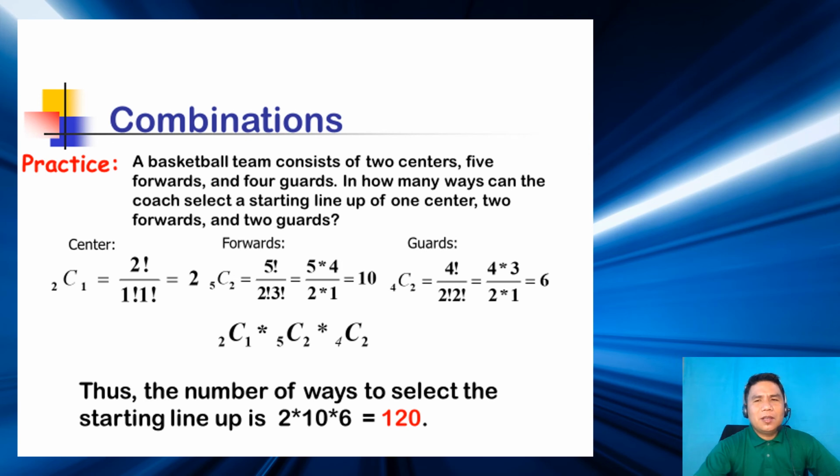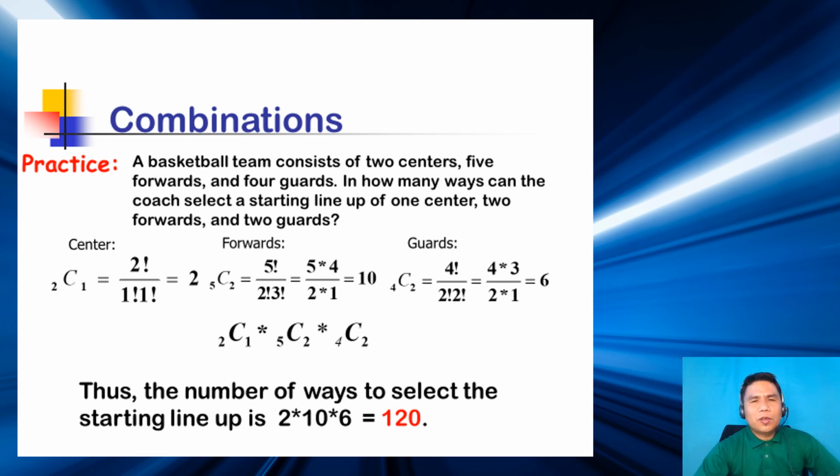Here it's still the same. Order is not important because they are all players. They are just assigned to certain positions, but they are all equal players. So the coach is to select a starting lineup.